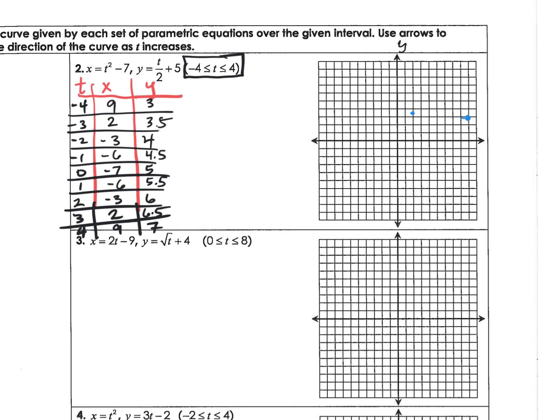Now, I'm going to start going this way and connecting it as I go because remember, I have to draw arrows indicating which direction it's going, don't I? Make sense?